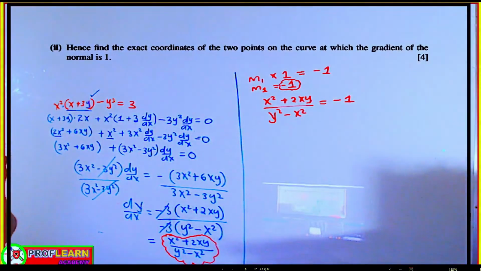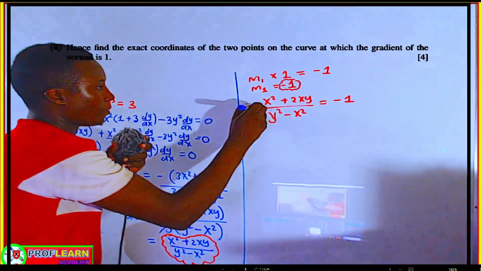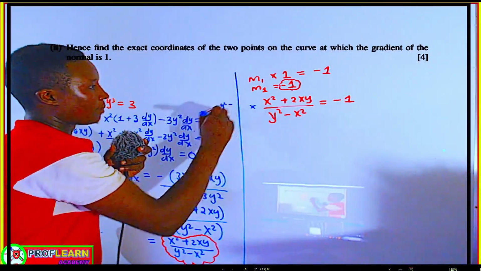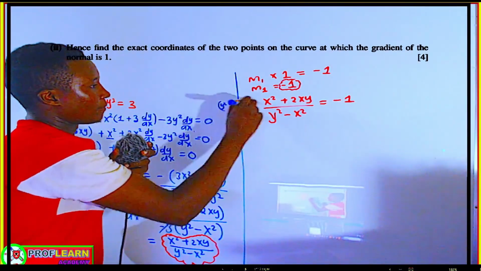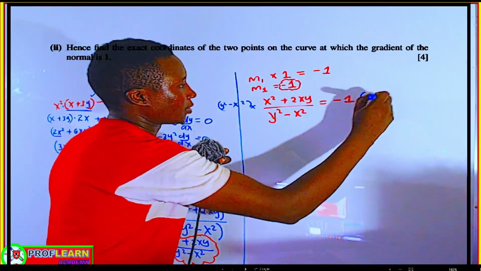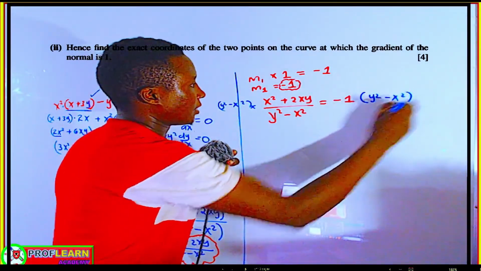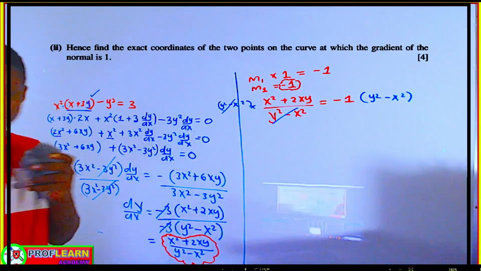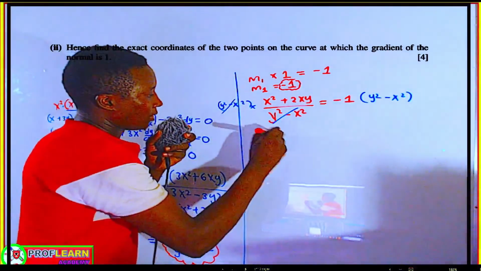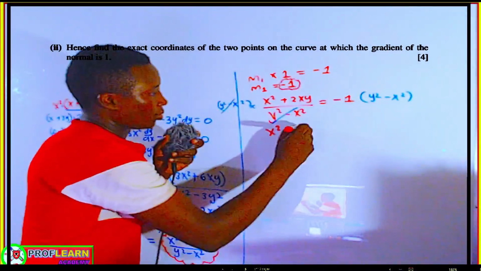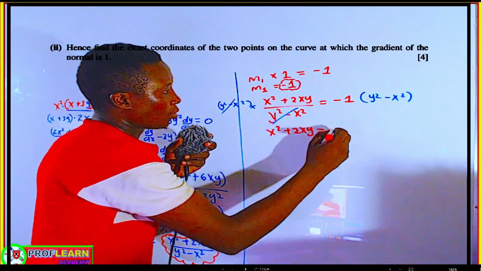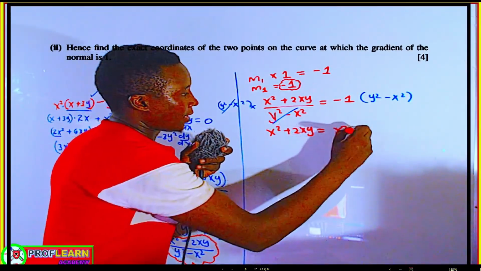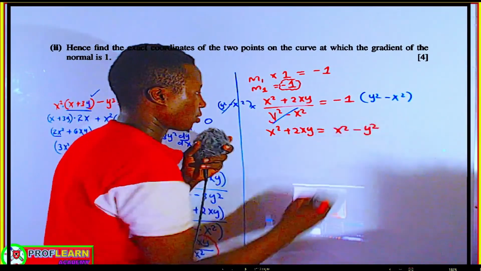At that given point, we can multiply by y squared minus x squared on this end and also on this other end, so that this part and this part will cancel out, and we shall now remain with x squared plus 2xy is equal to x squared minus y squared.